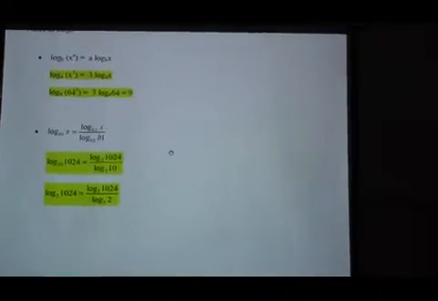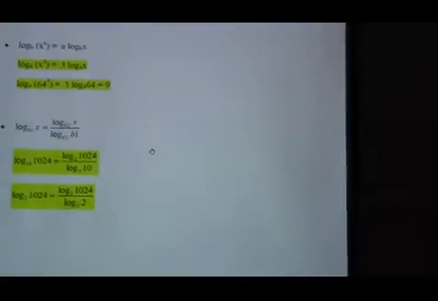I don't know, some fraction. So therefore, log base b1 of x is equal to log base b2 of x multiplied by a constant, which is the log of the second base of the first base. That's a constant. So that should give you a clue that all logs are related to each other and they are proportional to each other.